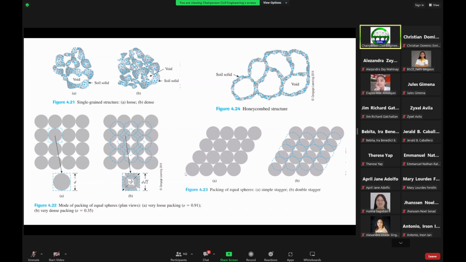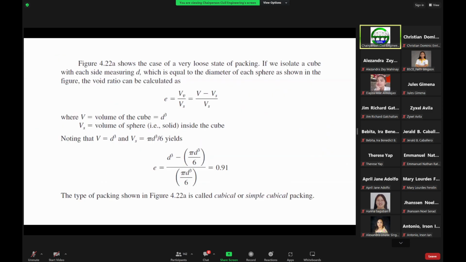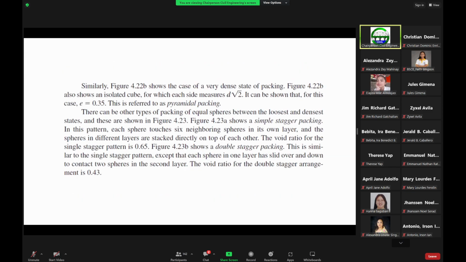So aside from those two packings, there are other types of packing of equal spheres between the loosest and the densest states, for example the simple stagger packing as well as the double stagger packing.